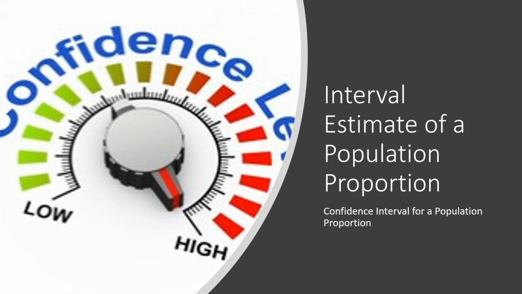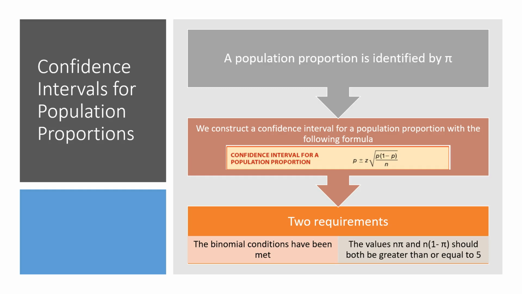So starting with the interval estimate of a population proportion, the population proportion, pi, refers to the percent of successes in the population. With this, the binomial conditions that we talked about when we first got into probability must be met. Number one, the sample data are the number of successes in a number of trials.